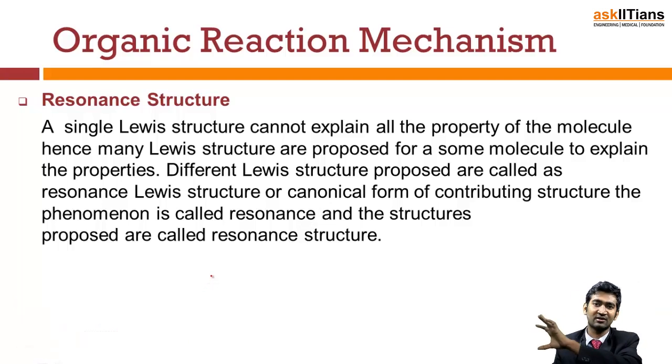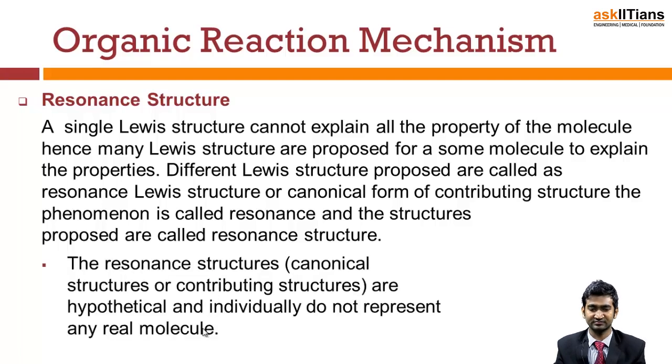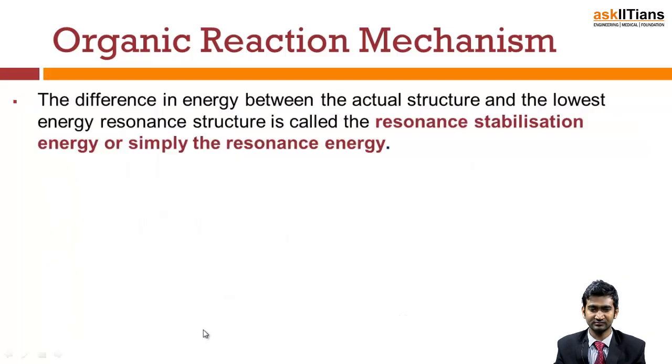If I combine all of them, I get a more stable structure, which is my resonance hybrid structure. The difference in energy between the actual structure and the lowest resonating one is your resonance stabilization energy, or resonance energy.